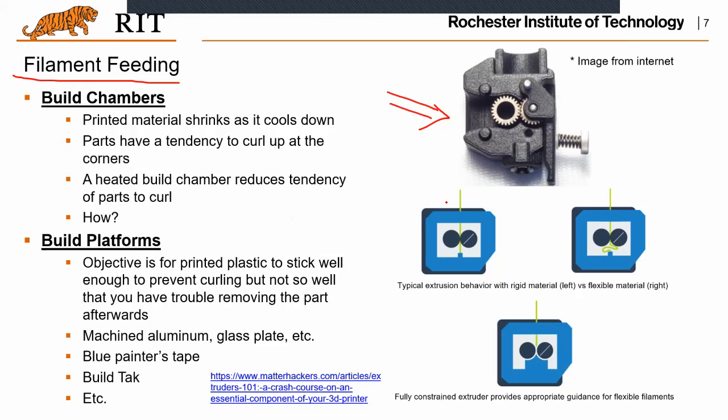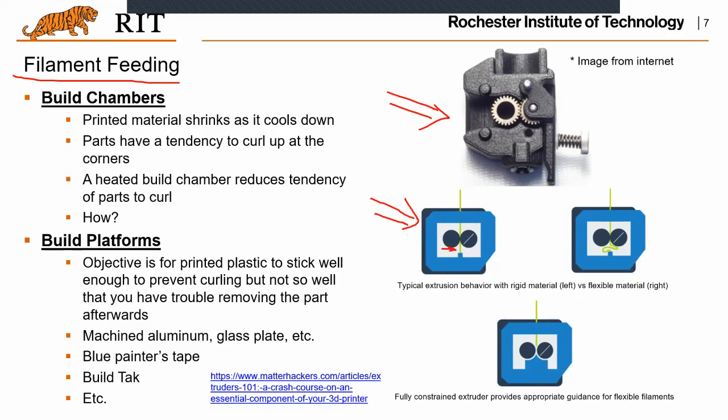So for the filament feeding mechanism, here is a typical setup. As you can see here, this filament will be driven by these two rolling screws to feed it through this hole, right? That's how it works. But it will only work well for rigid materials, like the PLA material.